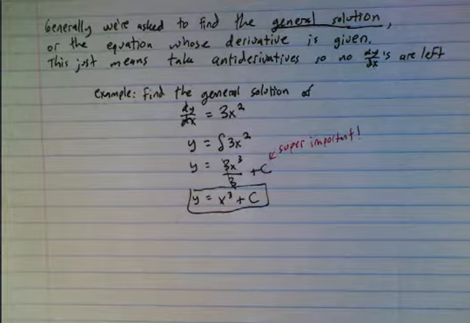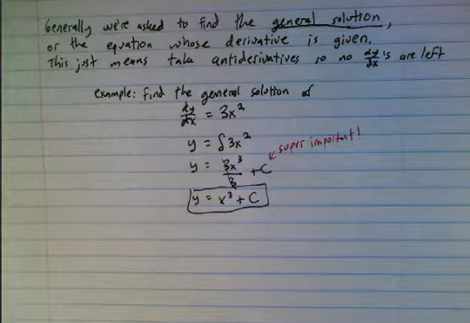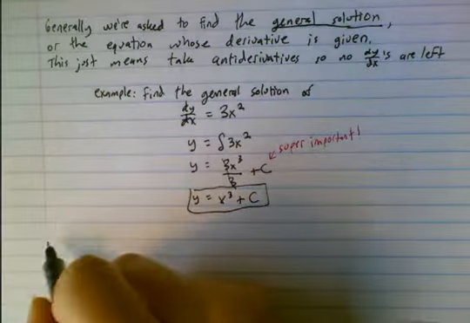What makes this unit different from the previous ones is that now we have situations where the rate of change of a quantity, so that's the derivative, right, depends on the value of that quantity.